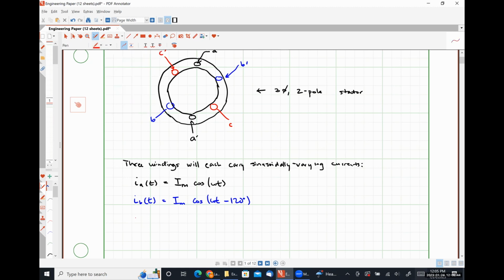And similarly, our C phase current will be IM cosine omega T minus 240 degrees. So effectively, we have a positive phase sequence.